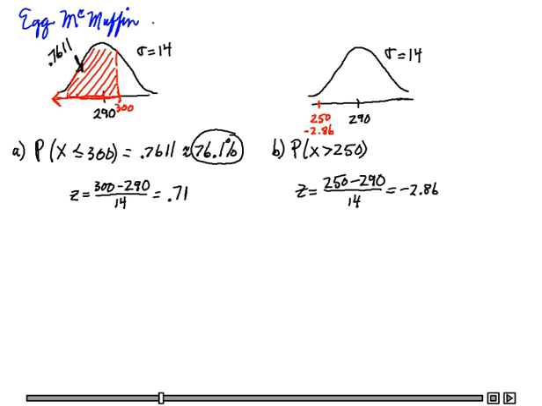Now I want the probability that the random variable is greater than 250. So I want to find the area over the interval, this interval here that I'm shading in, greater than 250. I want to find the area under the density function above that interval. That's going to be the probability that x is greater than 250. Now, the table does not read that way. The table always reads to the left.